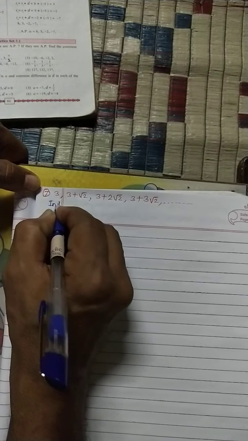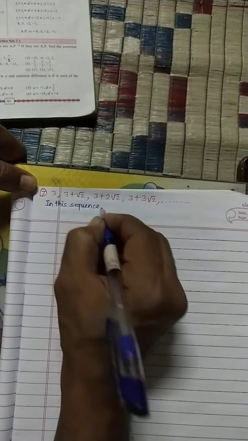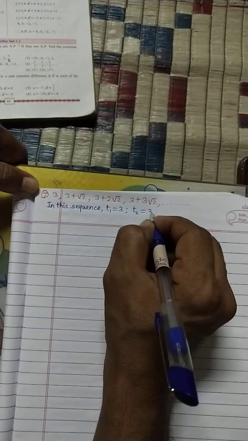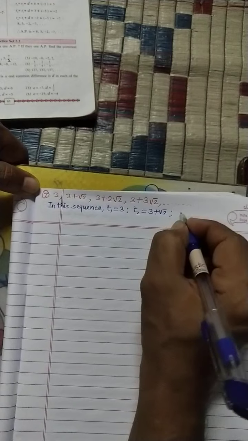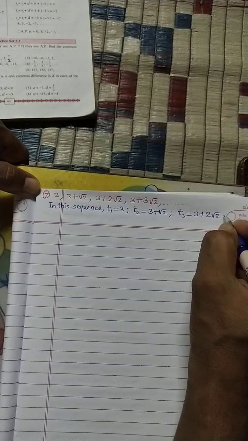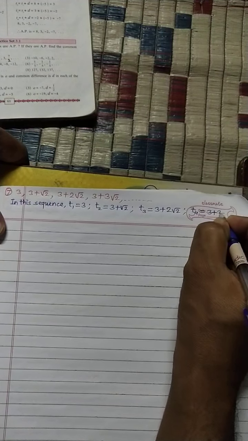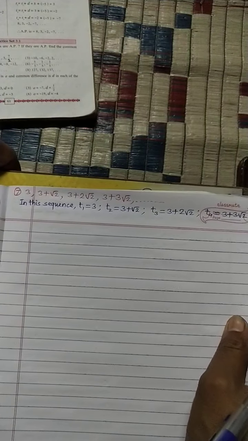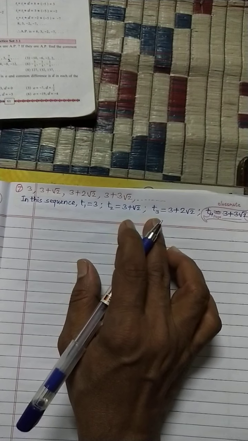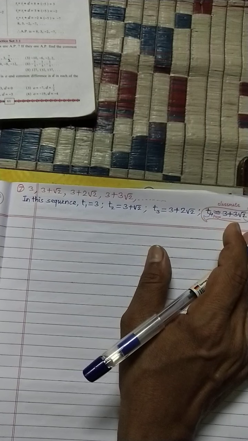So in this sequence T1 is 3, then T2 is equal to 3 plus root 2, then T3 is equal to 3 plus 2 root 2, and T4 is equal to 3 plus 3 root 2.